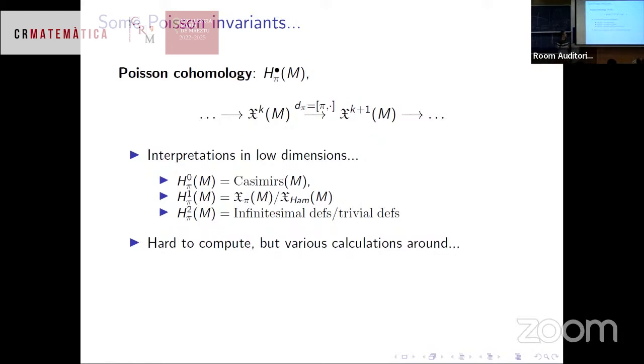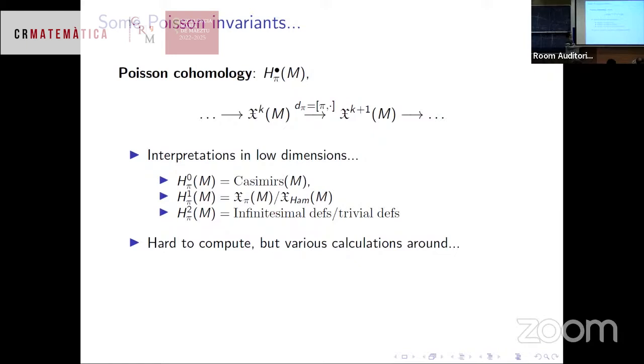So for example, if you set your Poisson structure to be 0, then the differential is 0. And you see that this Poisson cohomology is given by just the multivector fields, which shows that they can be infinite dimensional, even for very simple spaces, right?